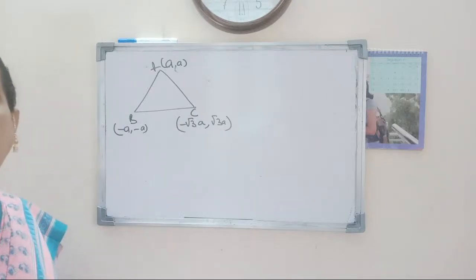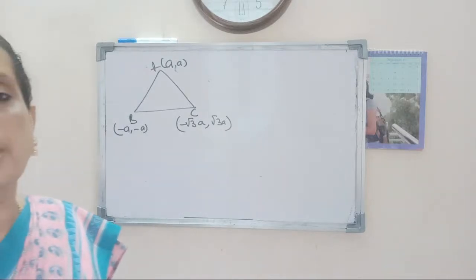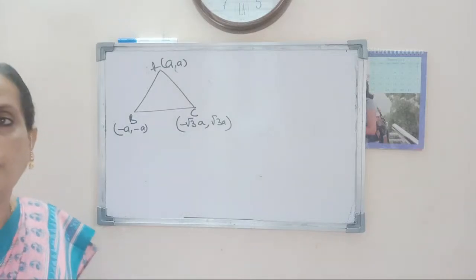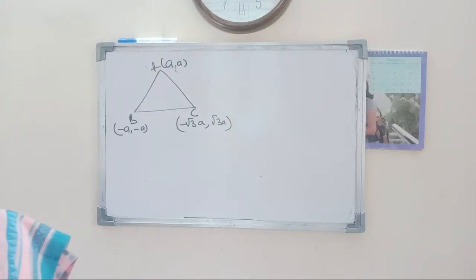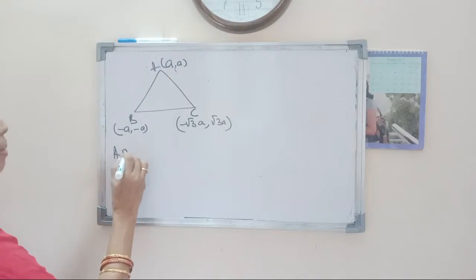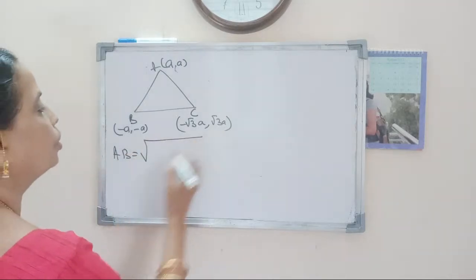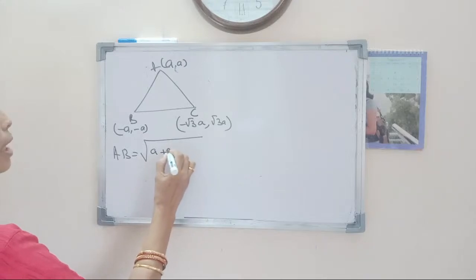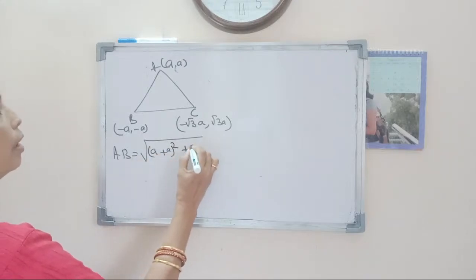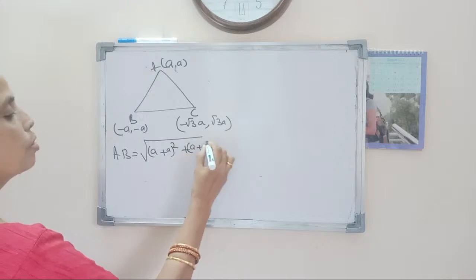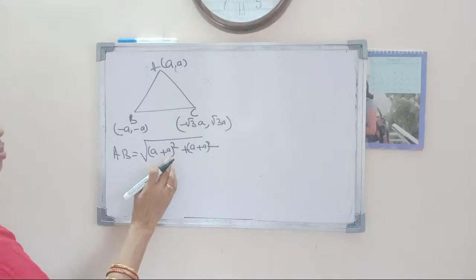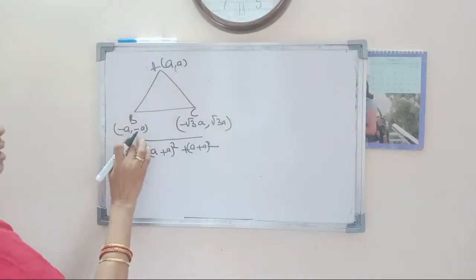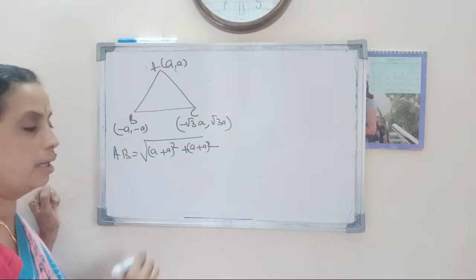If all three distances are the same, then we come to the conclusion that yes, they are the vertices of an equilateral triangle. So let us find the AB distance, keeping the root as it is: root of (A plus A) whole square, x2 minus x1, minus of minus is plus, and y2 minus y1, A plus A.